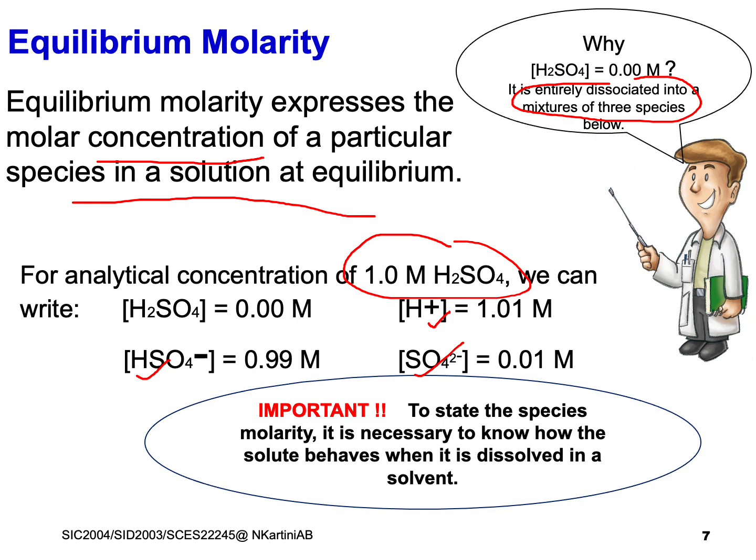So the concentration of sulfuric acid is equal to 0. It is important to say that to state the species molarity, it is necessary to know how the solute behaves when it is dissolved in the solvent.